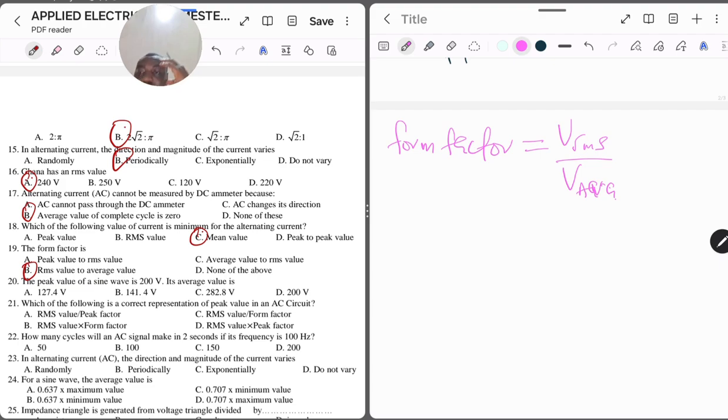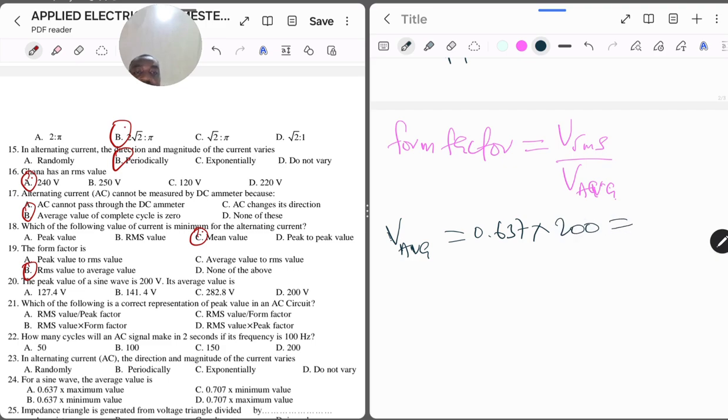Now moving to question 20. The peak value of a sine wave is 200. Its average value is, so here we have to find the average value, and I wrote the formula, right? The average voltage is going to be 0.637 times the maximum value, which is 200, the peak value, which is the same as the maximum value.